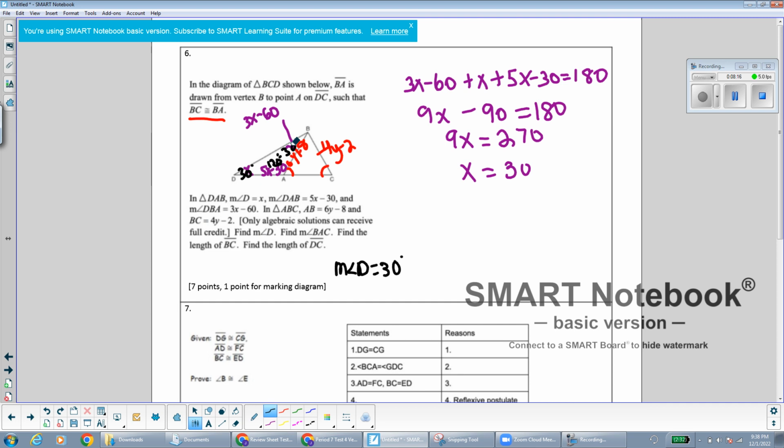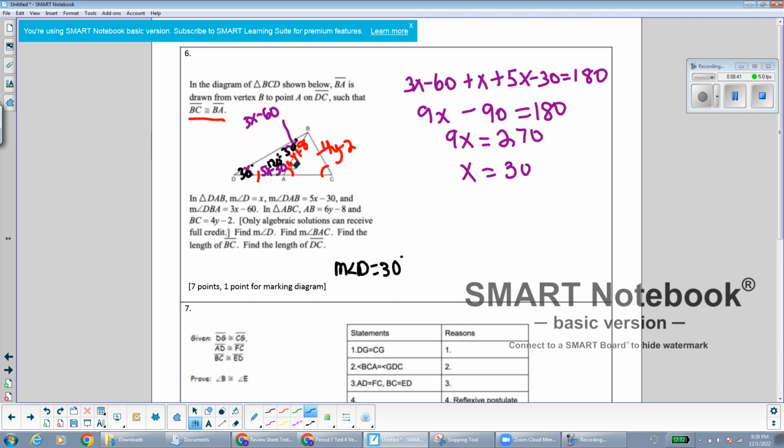That means it's isosceles. And the congruent sides are located across from the congruent angles. So across from this congruent angle is side AB. And across from this congruent angle is side DA. So the same mark I already have on AB, I'm just also going to put on DA because they are congruent to each other.